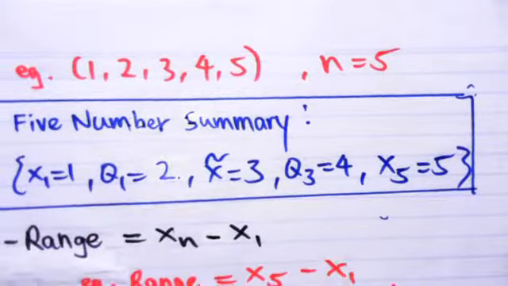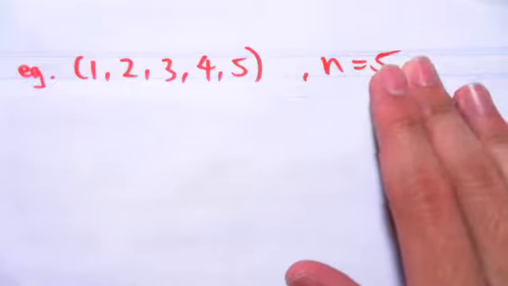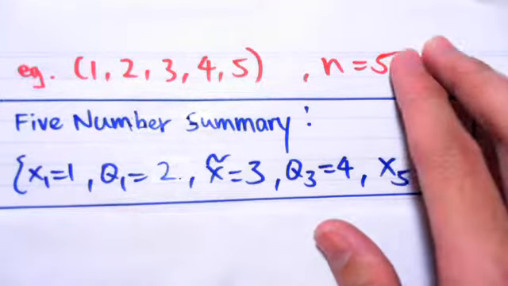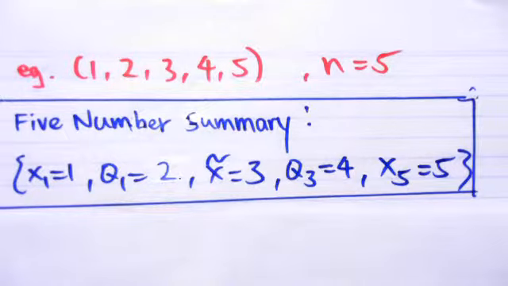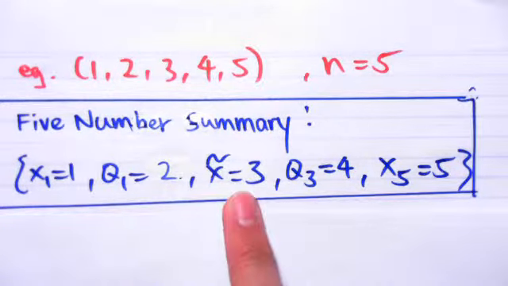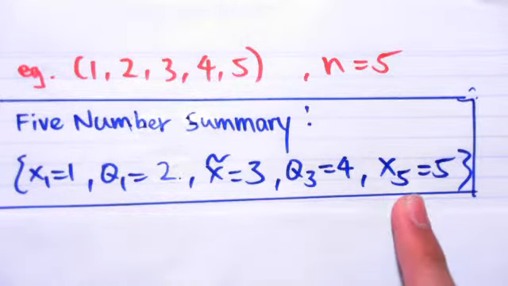So with 1, 2, 3, 4, 5 as our sample set, we can give a 5 number summary as calculated before: minimum is equal to 1, lower quartile is 2, median is 3, upper quartile is 4, maximum is 5.